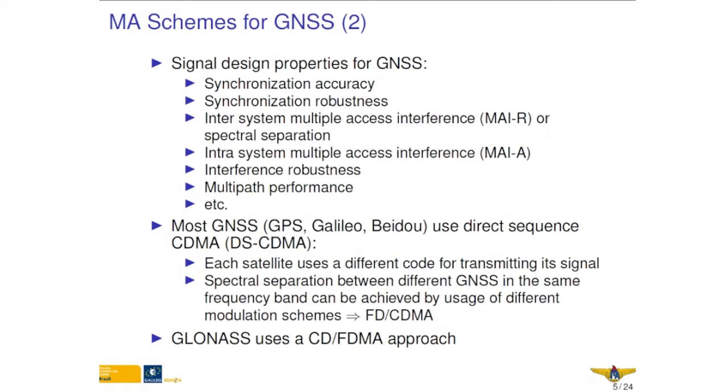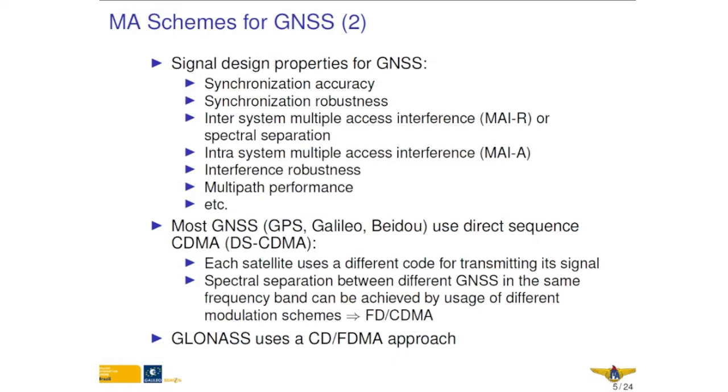So we are estimating the time delay, Doppler, and phase of a received signal, and we will try to synchronize our receiver to the system time of the GNSS. So synchronization accuracy is very important. Synchronization robustness, so we want to do this synchronization in a robust form without large errors. We want to have over a long time a stable synchronization estimation process, and so on.